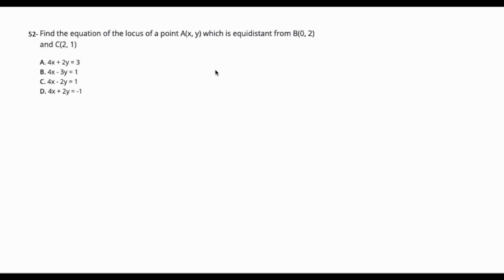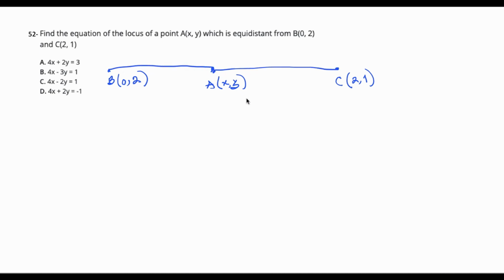So imagine that we have a point A right here, and we've been told that the coordinates of this point A is x, y, and that this point is equidistant from a point B. So imagine that our B is here, and the coordinates of our B is 0, 2, and a point C with coordinates 2 and 1. So the distance between B and A is the same as the distance between A and C.